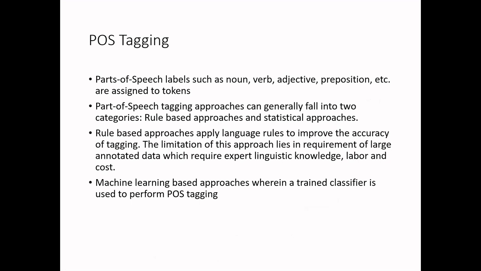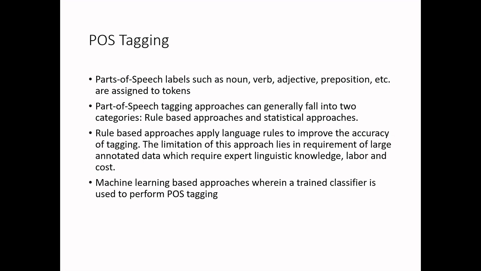So part of speech tagging, as I mentioned, basically will label different tokens as noun, verb, adjective, preposition, etc. All right. Now one can try to figure out how that is to be done. Generally there are two broad approaches that people follow.